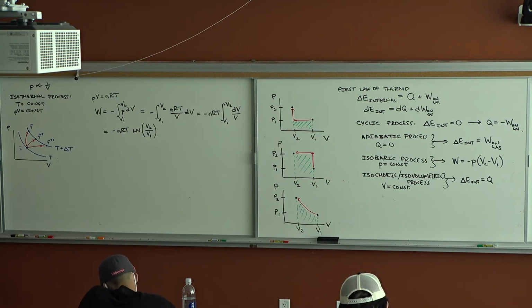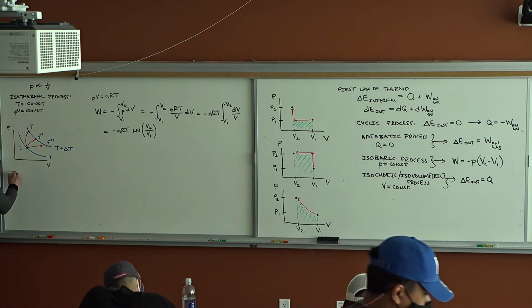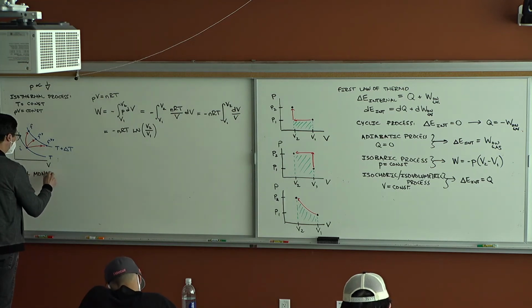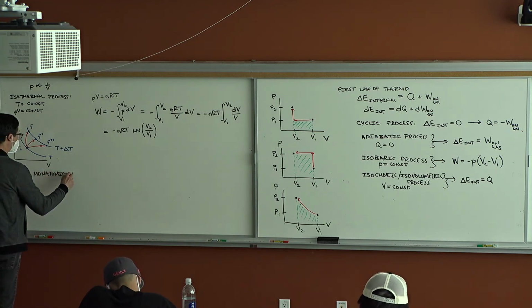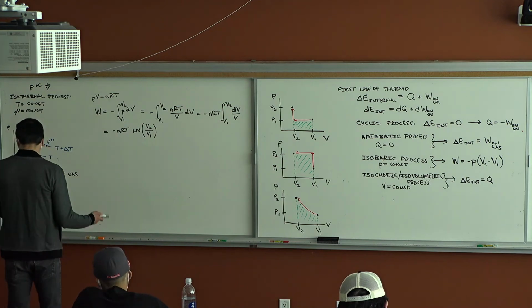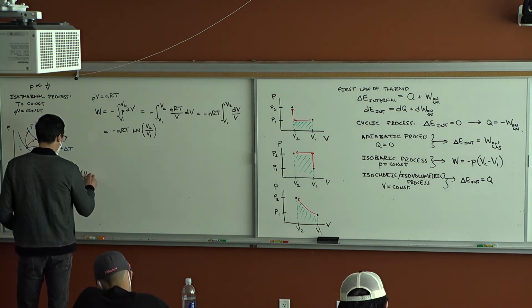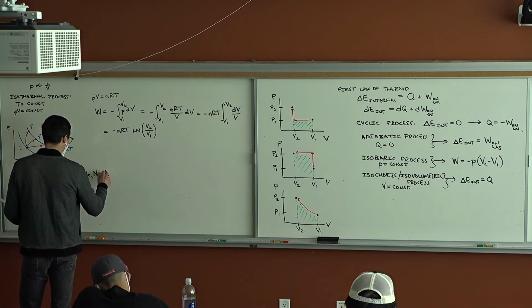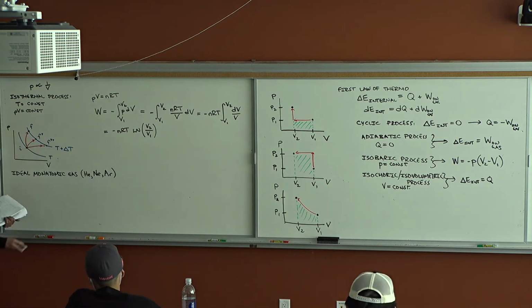So if we're talking about an ideal monatomic gas, something like helium, right? Let's go with the noble gases: helium, neon, argon, there's others, but let's start with those.